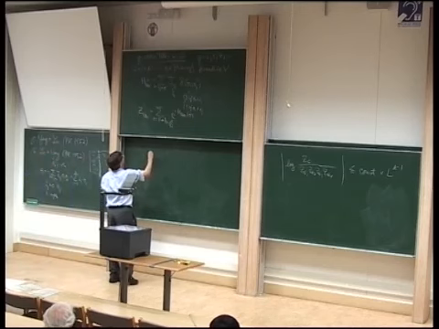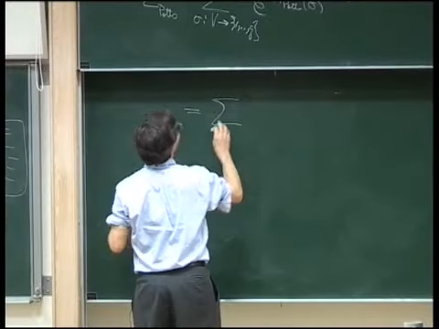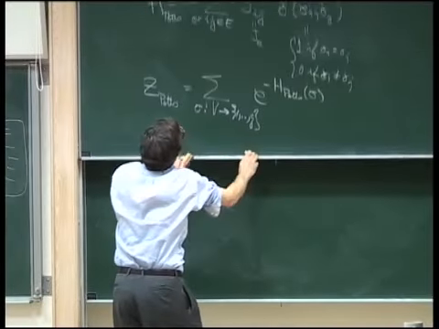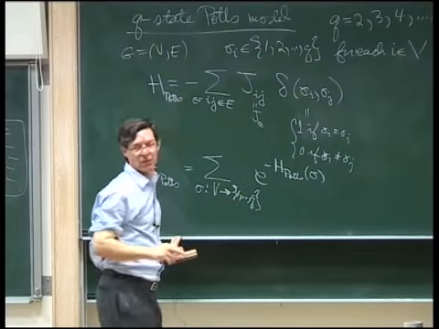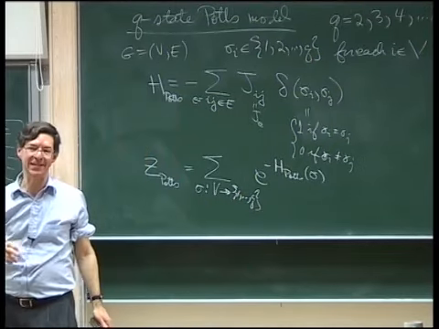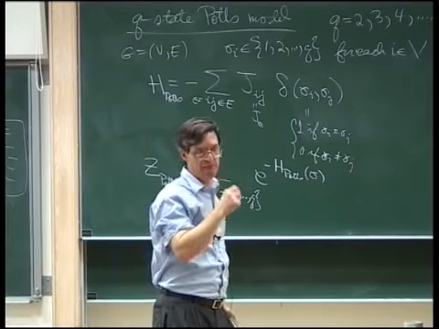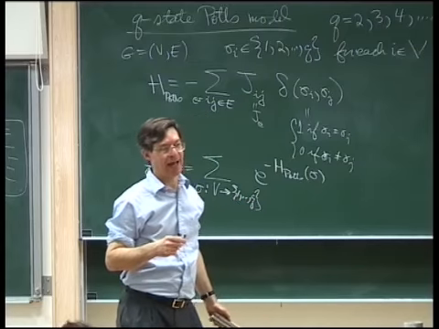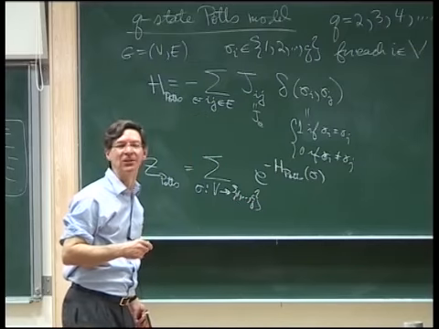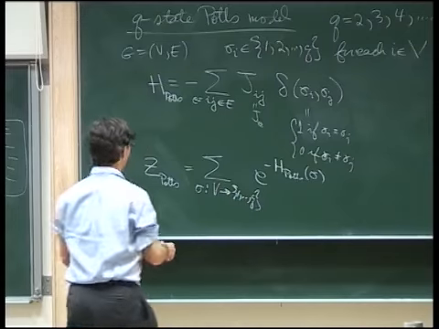The point is, on each edge there are two values for the energy, 0 or minus J. Therefore, on each edge there are two possible values for the Boltzmann weight, exponential of 0 or exponential of J. And I'll write that additively.